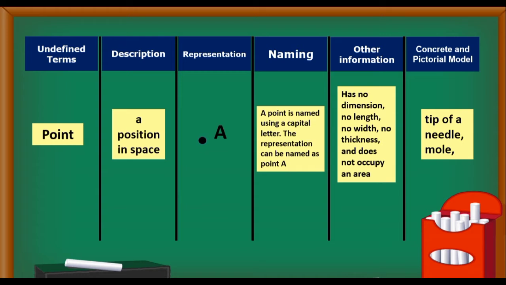Pwede rin yung mole. Ano po ba yung mole? Pag sinabing mole, yun po yung nunal. Pwedeng maliit, pwedeng malaki. Pwede rin pong sand, yung butil ng sand, yung butil ng sugar, yung butil ng salt. Those are some examples ng ating point.